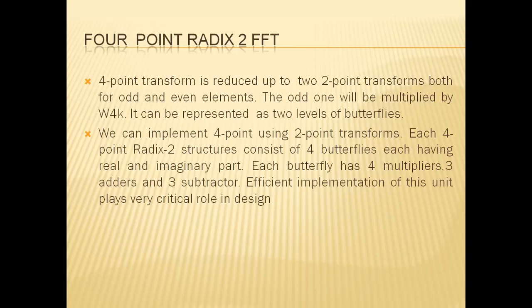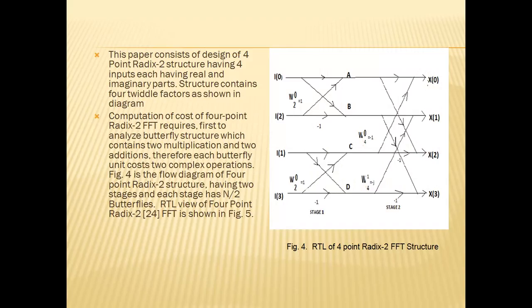This is the 4-point structure, and here we see something very important: we are not giving the input in the natural order. We are giving I0, then I2, then I1, and then I3, so that we can save memory. You will understand in a later slide why we are using it like that, and we are getting the output in the better order.